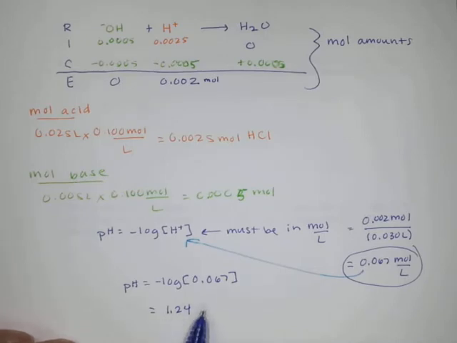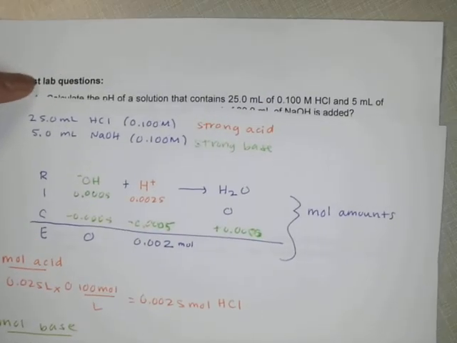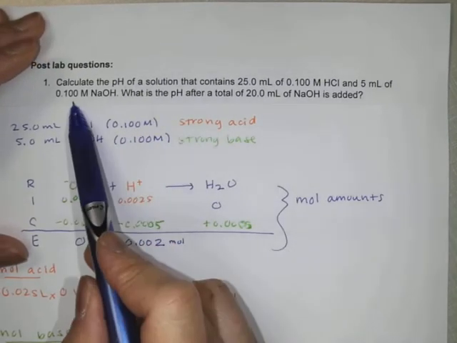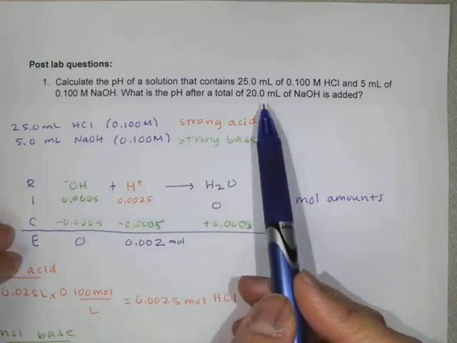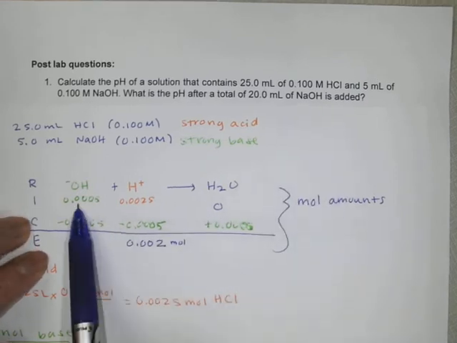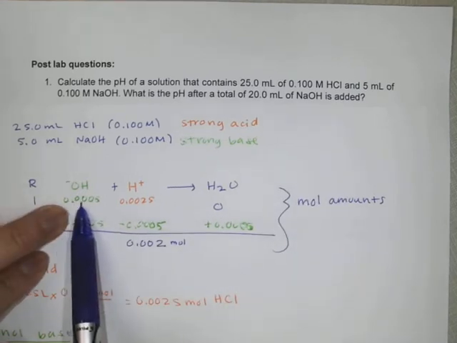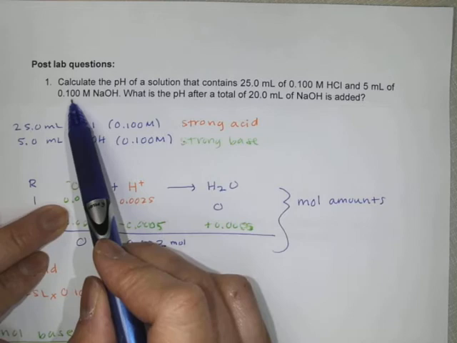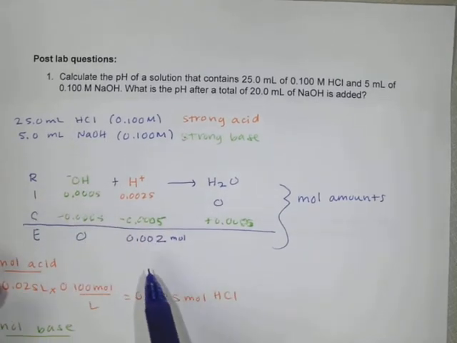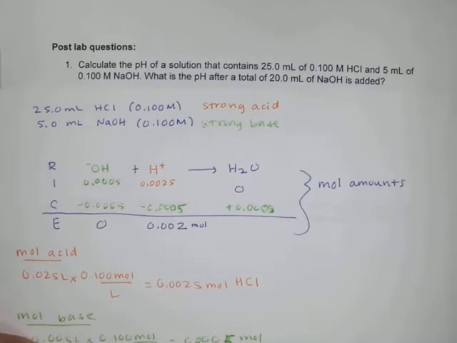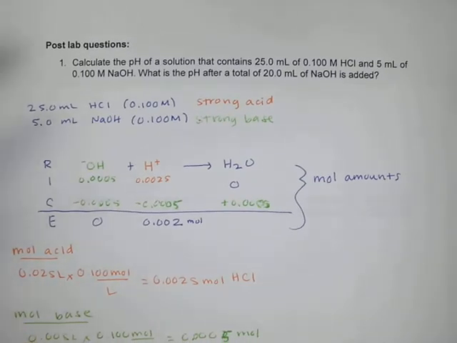So that's how you would do the first part of this calculation with 5 mils of 0.1 molar sodium hydroxide. For the 20 mils, the process is the same, except your starting moles is going to be 20 mils times 0.1 molar, so you'll have 0.002 here. Otherwise, the rest of the process is the same. So that's how it is for the first one. So I'll let you guys do the second one.